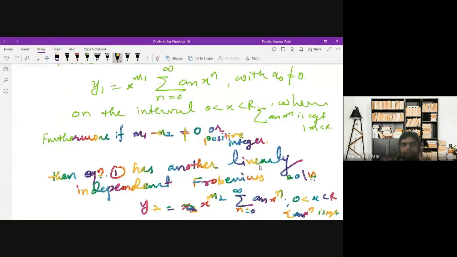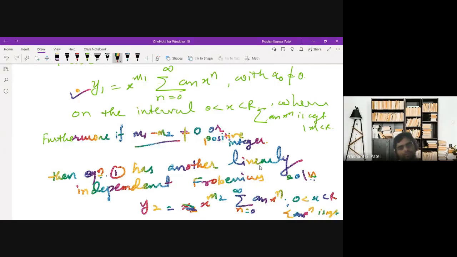So all the examples we solved previously are based on this theorem. This theorem says that if x equal to x0 is a regular singular point, and the solution of that indicial equation has m1 and m2, then you can write down your solution in this form.